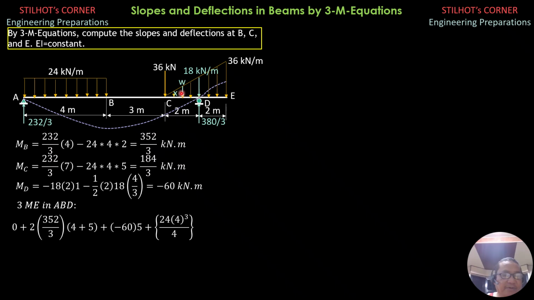So we have W and X. So W as to X equals 18 as to 2. So W is 9X. So for the integral part, integral of 9X dx times this distance, which is 2 minus X divided by L, which is 5.